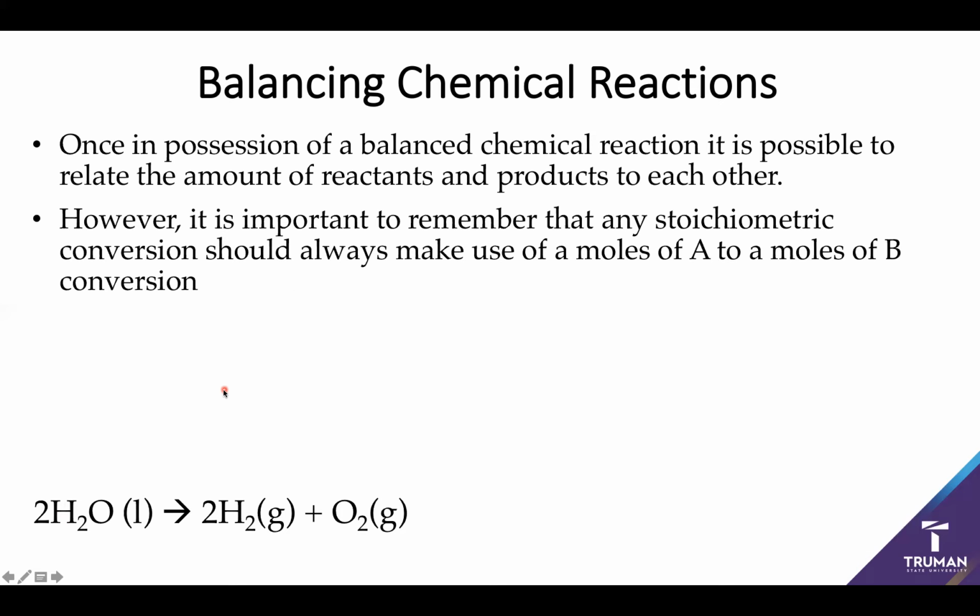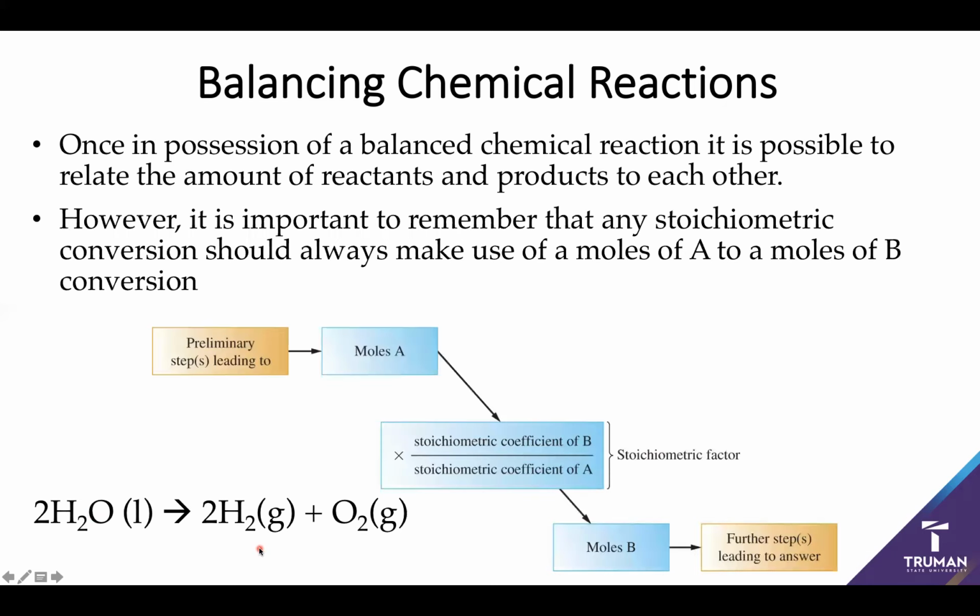So the key thing is always going to be going from grams of whatever to moles of molecular species, because remember, when you're transferring in between 2 chemical species, the only way to do it is relating moles of A to moles of B. In this case, knowing I start with 2 moles of water, ending with 2 moles of hydrogen.